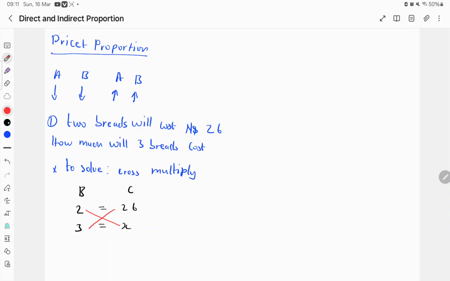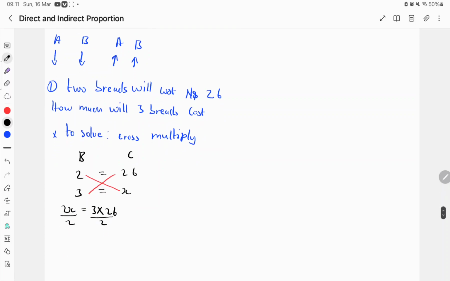So you have 2x is equal to 3 times 26. Then you divide both sides by 2. Now 3 times 26 is 60 plus 18, so it's 78. Then you divide 78 by 2.